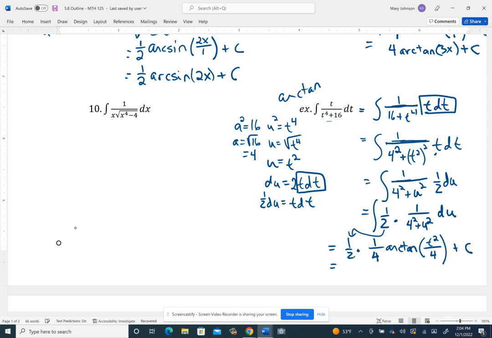And then I'll clean it up slightly. 1/2 times 1/4 would be 1/8. And then I have arctan, t squared over 4, plus c. And that will be my answer on that one.